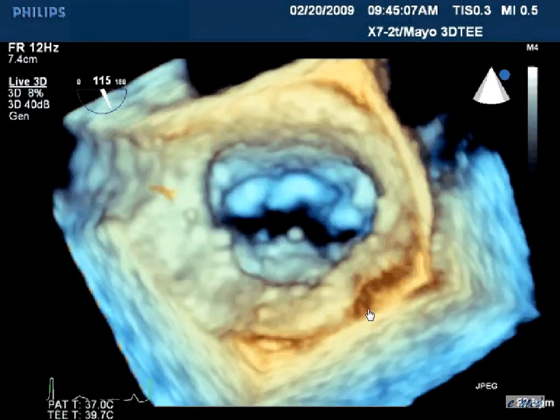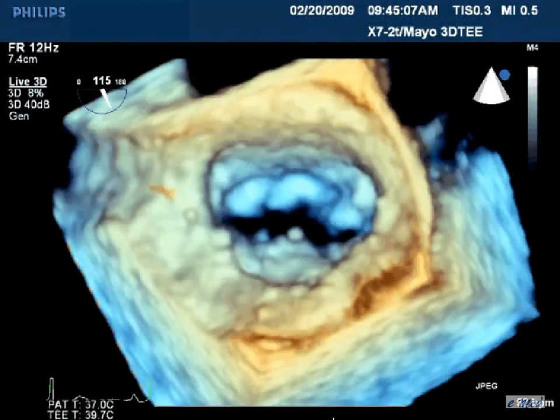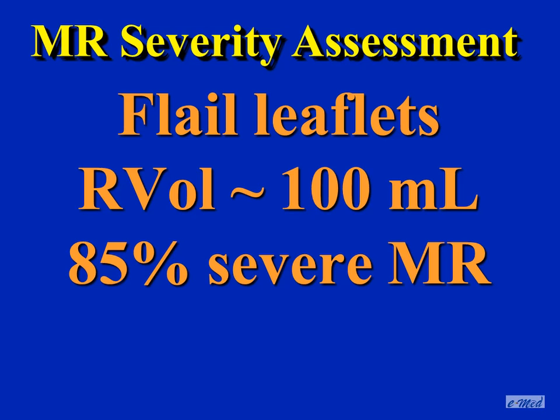So by 3D, what you see is the extent of the lesion, the ring here present, and it's absolutely outstanding with that ruptured cord. And it's easily recognizable. When you say flail, and why this has been included in the guidelines, is because when you say flail, there is an 85% chance that this is severe MR, which is good in practice because we don't have that many signs that are that precise.